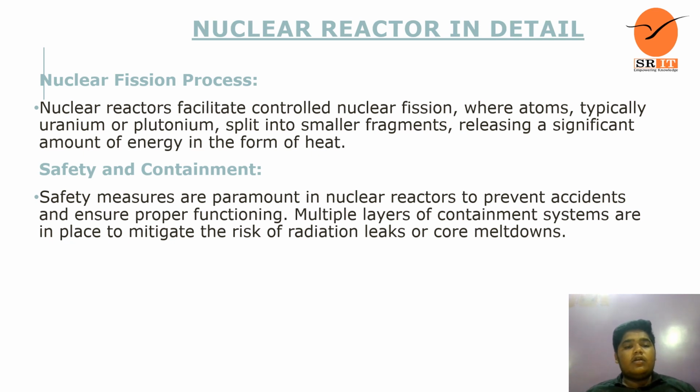Safety and containment. Safety measures are paramount in a nuclear reactor to prevent accidents and ensure proper functioning. Multiple layers of containment systems are in place to mitigate the risk of radiation leaks or core meltdown.